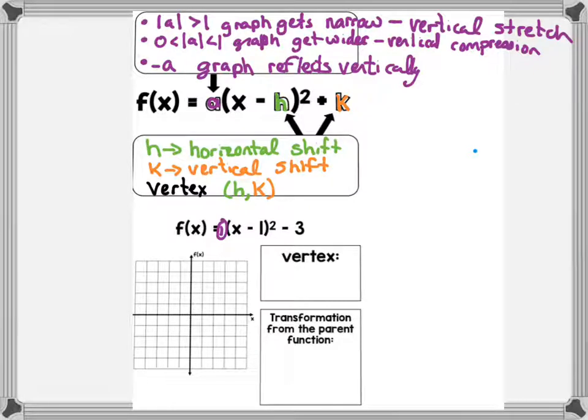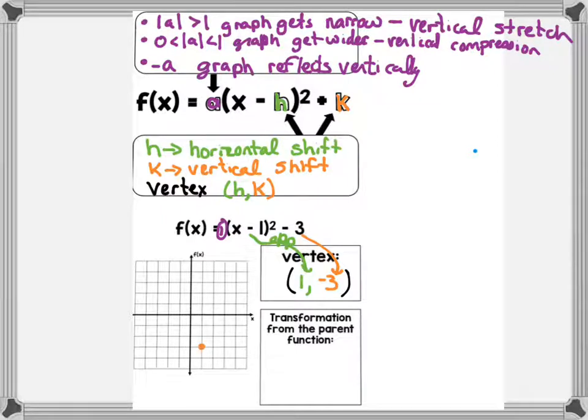Your vertex is an ordered pair, and it's H, K. It's always going to do the opposite of the inside and the same sign for the outside. So 1, -3. And so we'll come over and plot that point at 1, -3.